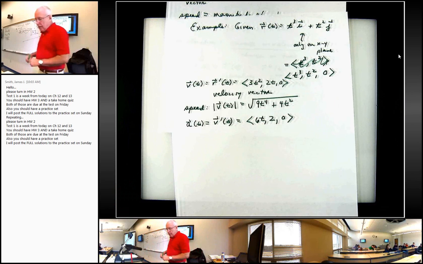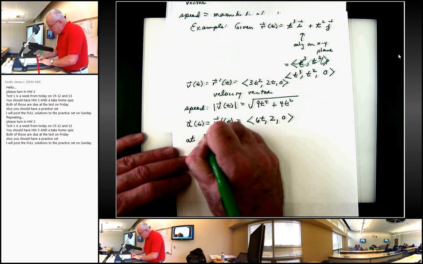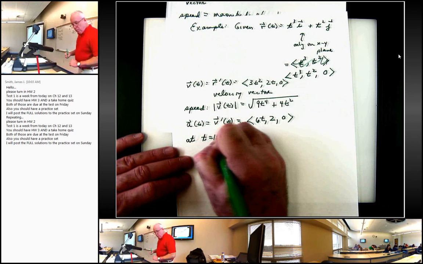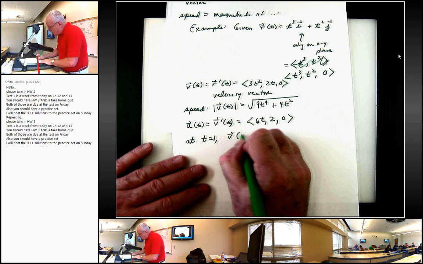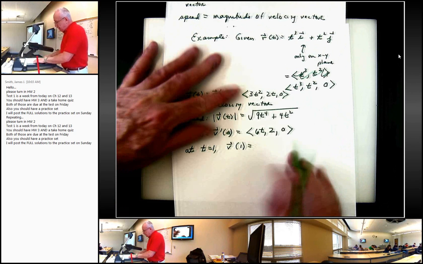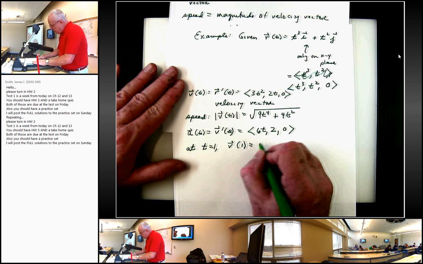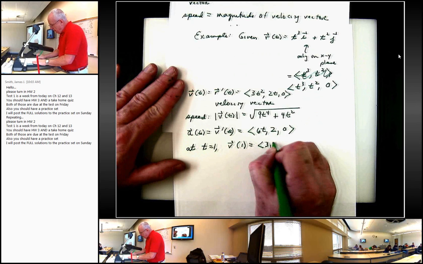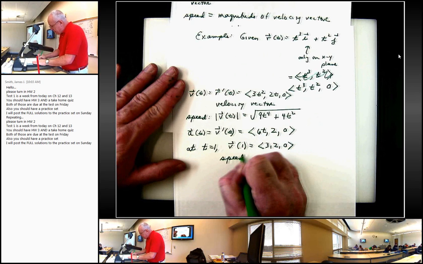Okay. Notice, let's say at t is equal to 1, then our velocity at 1 is, let's plug this in here, 3, 2, and 0. Our speed is the magnitude of that.